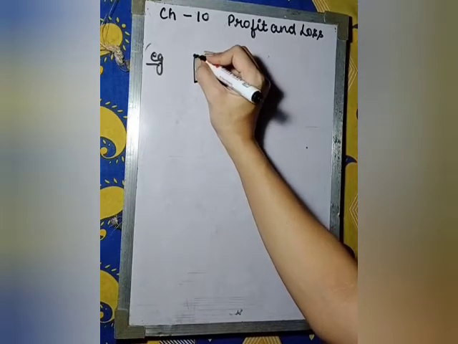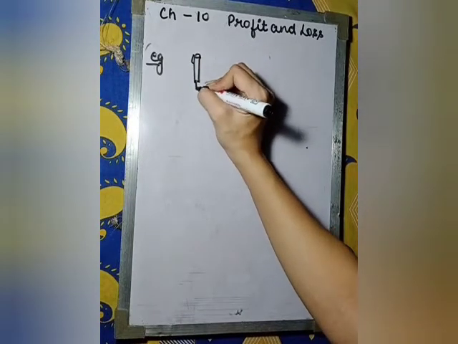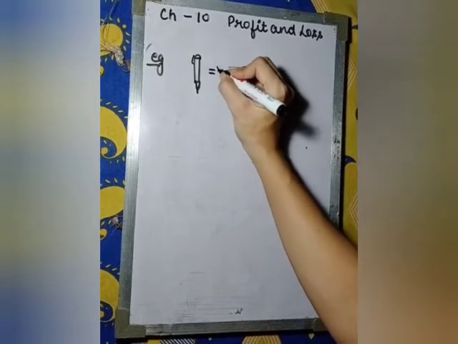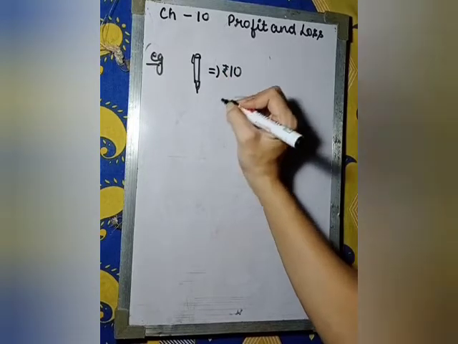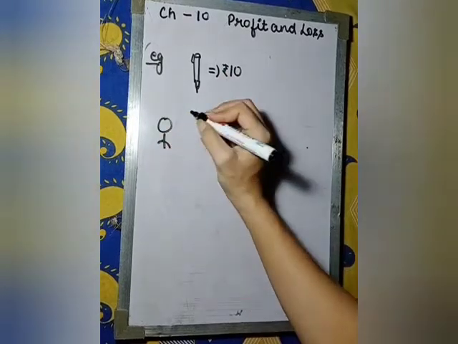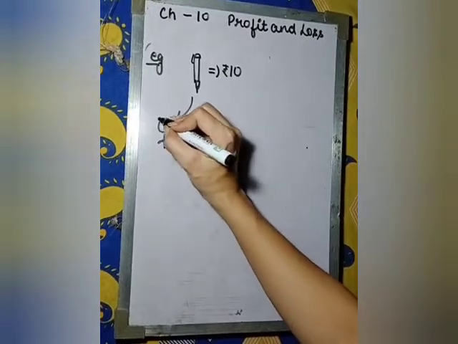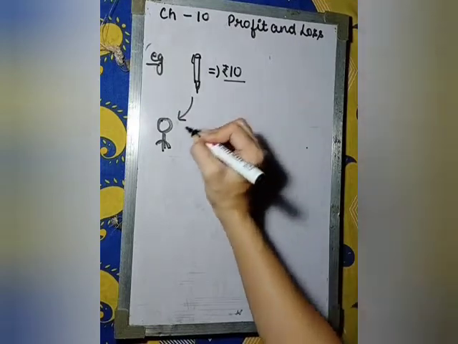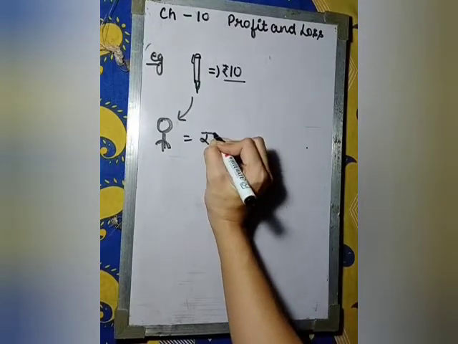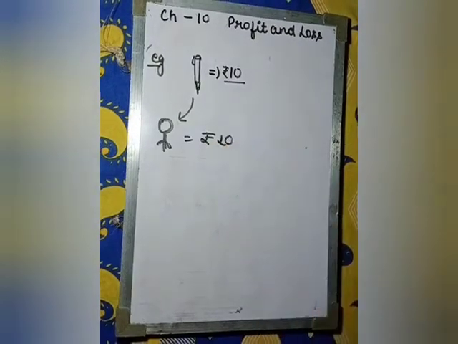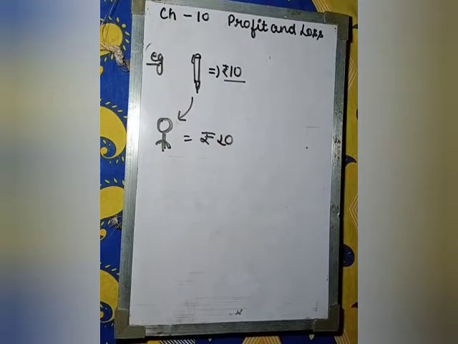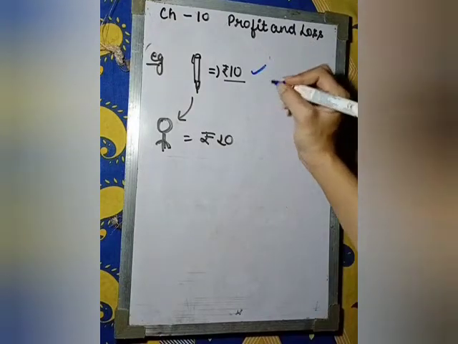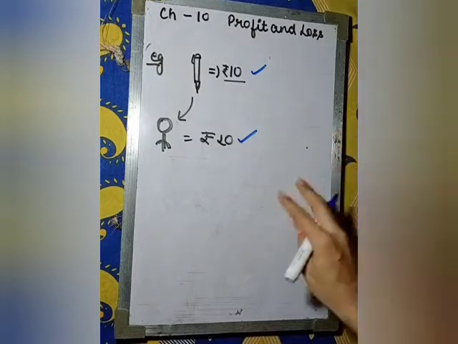This is your pen, and you have bought this pen for rupees 10. Now this is your friend. He said, I want this pen. Can you sell it to me? So you sell this 10 rupees pen to your friend at rupees 20. You bought a pen for rupees 10 and sold it to your friend for rupees 20.